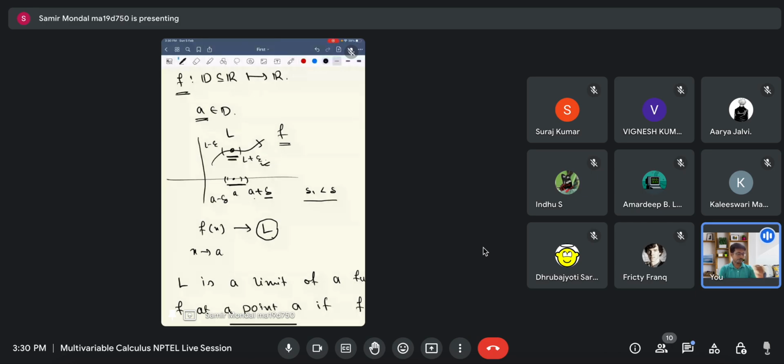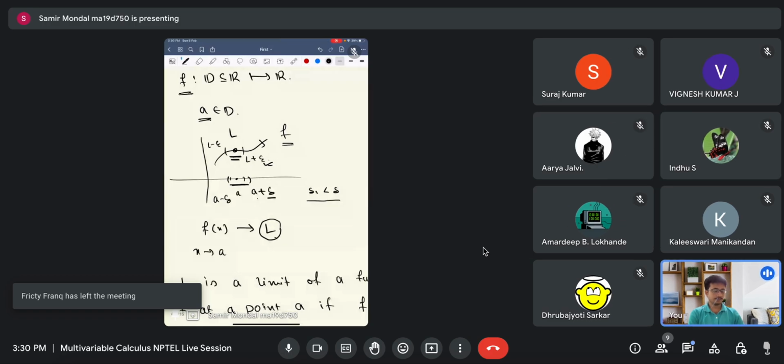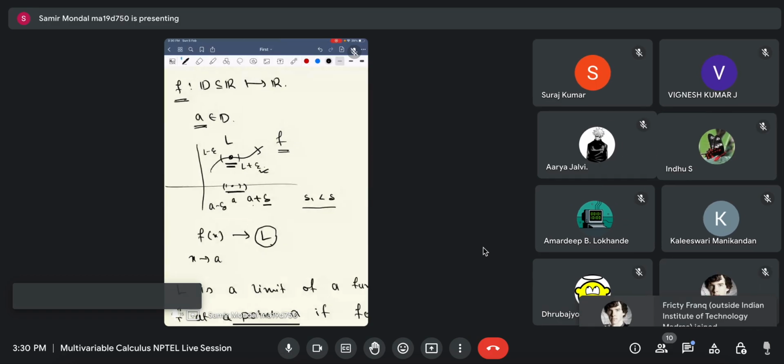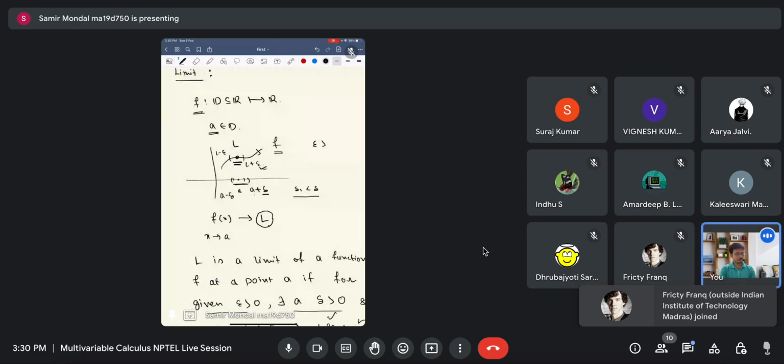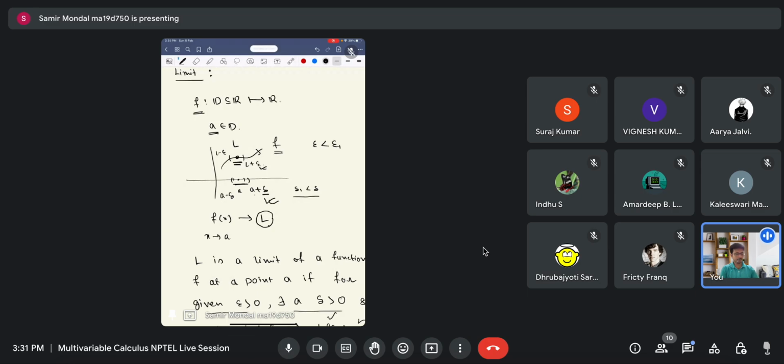And in a similar way, if someone takes a larger epsilon value, then the same delta will also work. Is it fine for everyone?